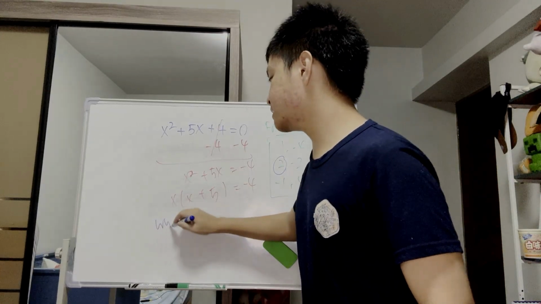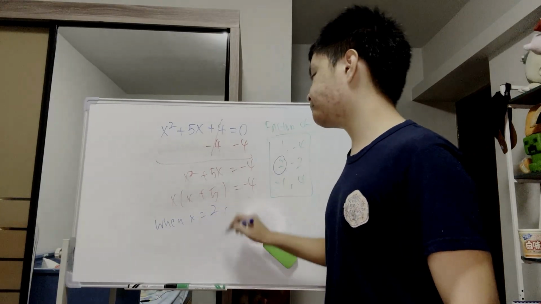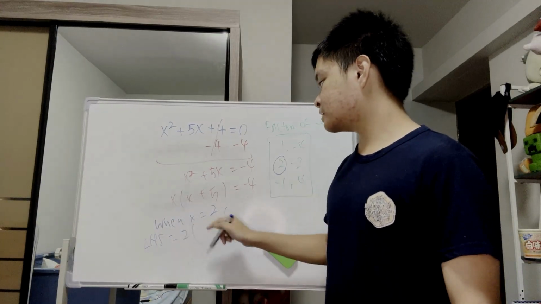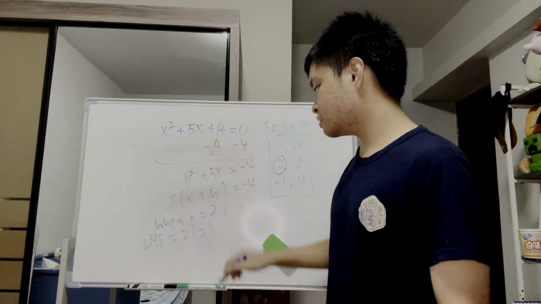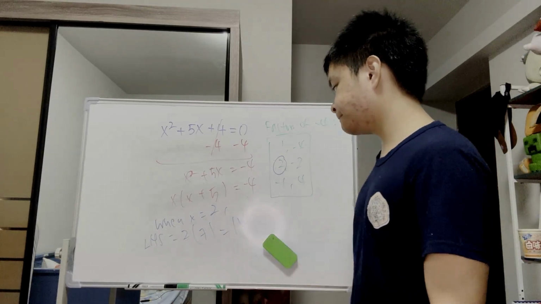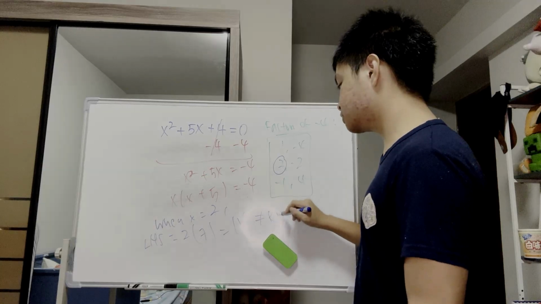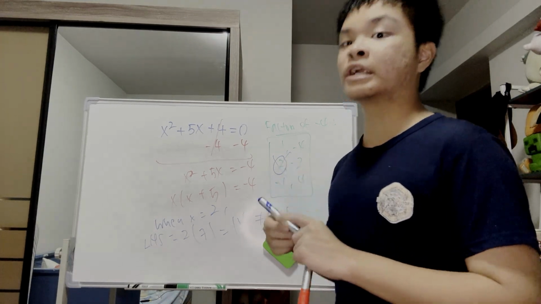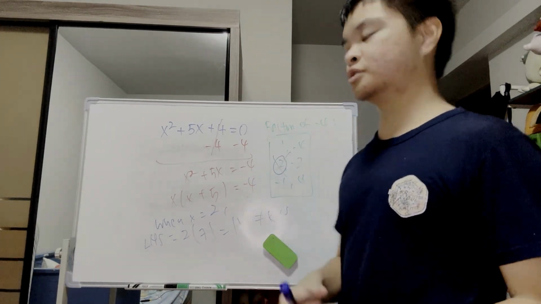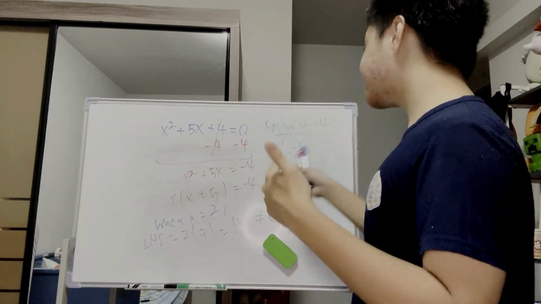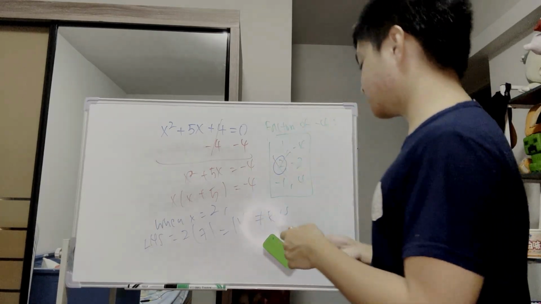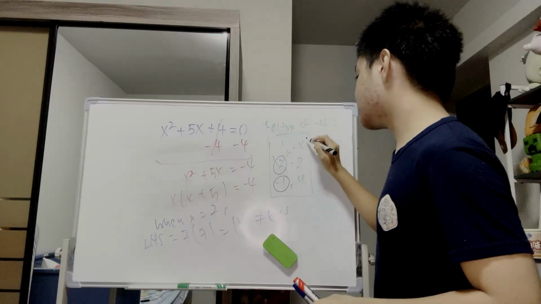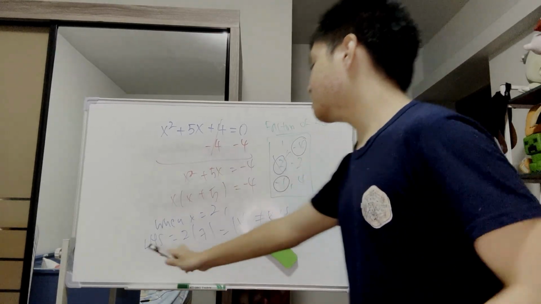So I'm just going to write, when x equals to 2, left hand side equals to 2 times this, 2 plus 5, which is 7, which is equal to 14, which is obviously not equal to the right hand side, which means that we cannot use x equals to 2. So x equals to 2 is not a solution. So if you try this out, you will realize that the ones that fit are -1 and -4. Don't believe me? Let's try.